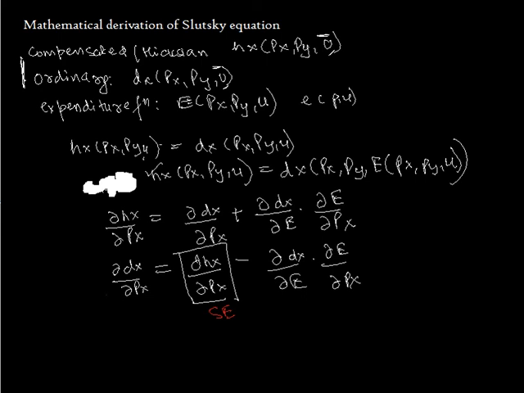Del dx by del Px, that is, when the price changes, what is the demand? That is the total effect of the price change. Clear? Now have a look at this term, del dx by del E into del E by del Px.